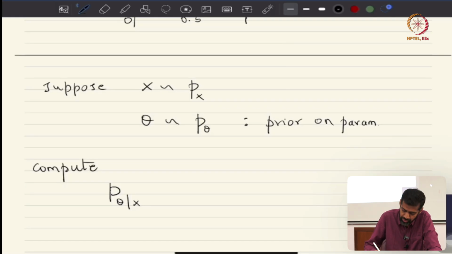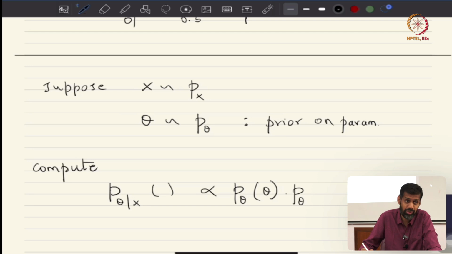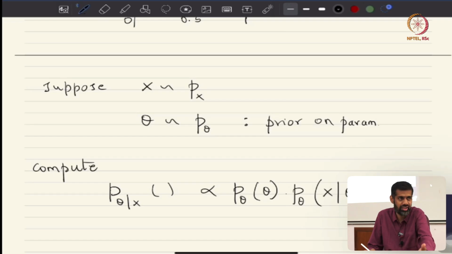So the posterior of parameters given data is proportional to the prior on the parameters, which is your belief, and this is the likelihood of data at a certain theta. Given a theta, you will get some likelihood.